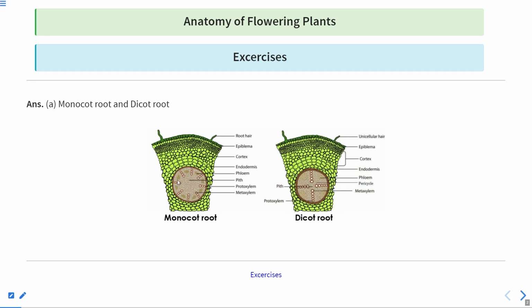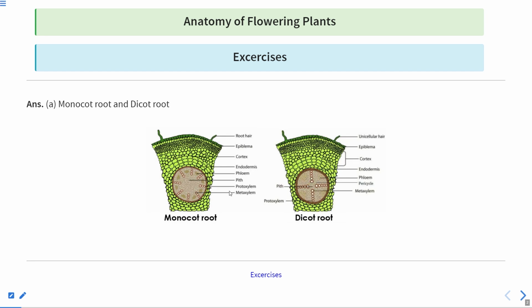Like this, you can see the number of vascular bundles is more. The number of vascular bundles in the case of monocot root is more if you compare it with the dicot root. In the dicot root, you can see just 4 xylems alternating with the phloem. So here also you can see the xylem and phloem are on different radii, right? They are present on different radii.